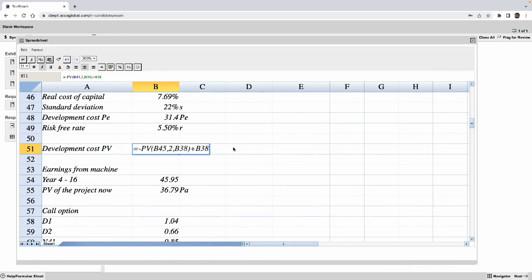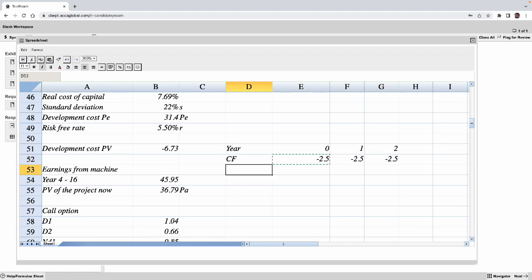We followed this formula. If you wanted to see the normal way I would have done it, something like this: 0, 1, 2. Then cash flow.